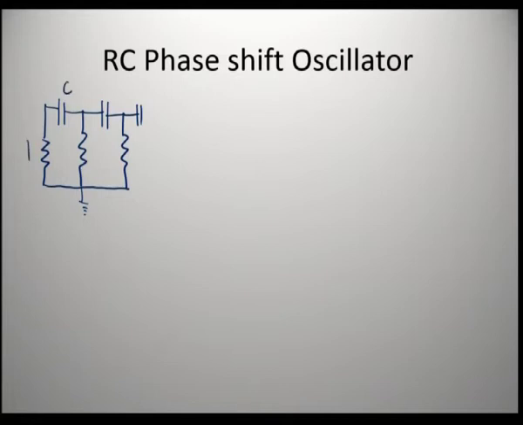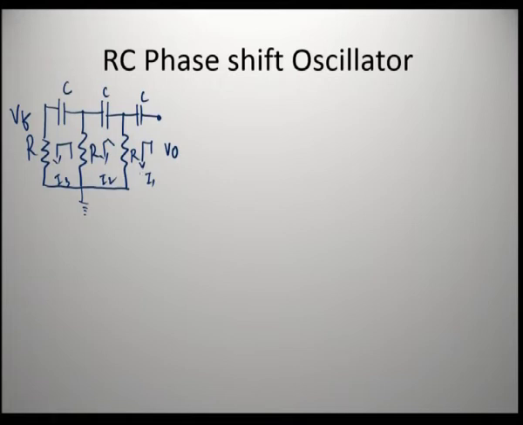So, here C R C R C R, and this is the output of the amplifier, and this we can call the feedback signal to the amplifier. Consider this current as I1, this current as I2, and this current as I3.